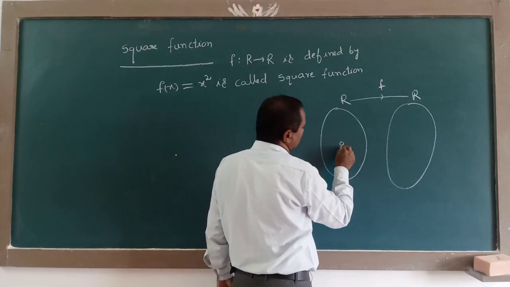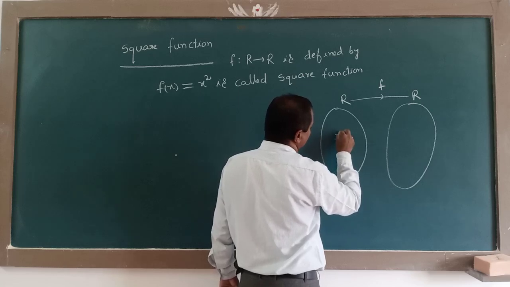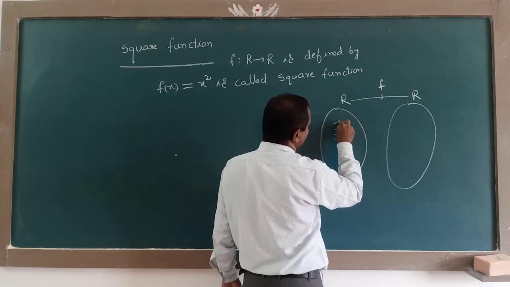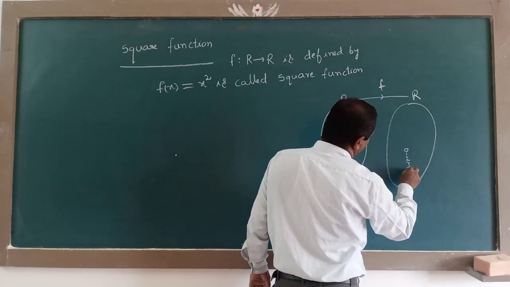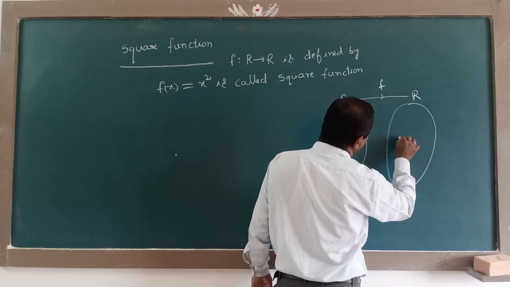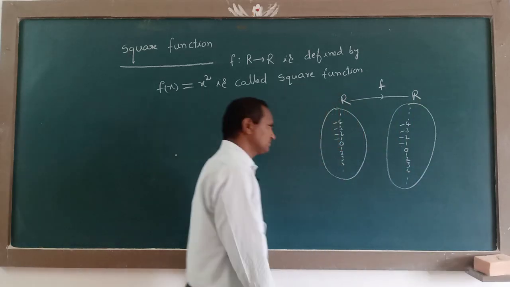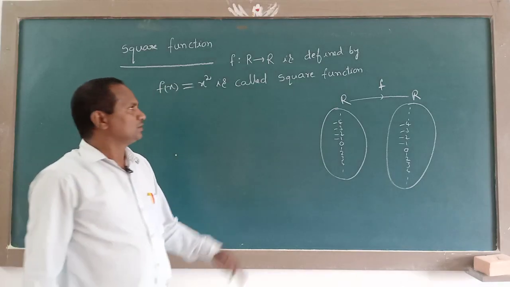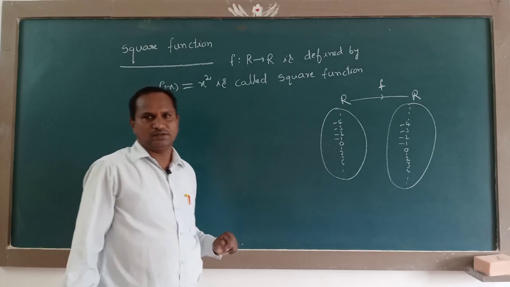Next one: 0, 1, 2, 3, 4 like this, and minus 1, minus 2, minus 3, minus 4 like this. The square of any real number is a real number.